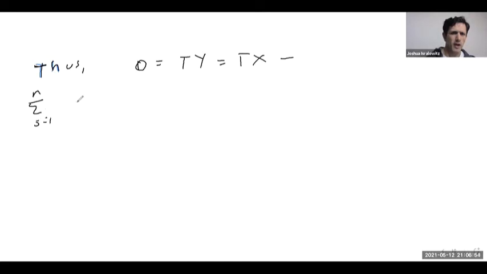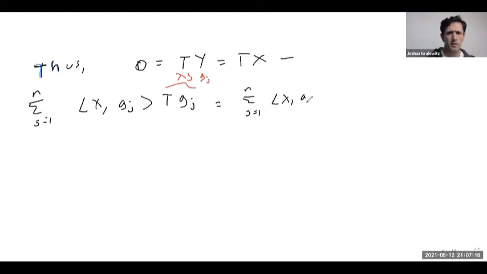the sum j equals 1 to m minus 1 of (x, g_j) T g_j. Well, because g_j is an eigenvector with corresponding eigenvalue lambda_j, it's going to be the sum here. So what does this mean?